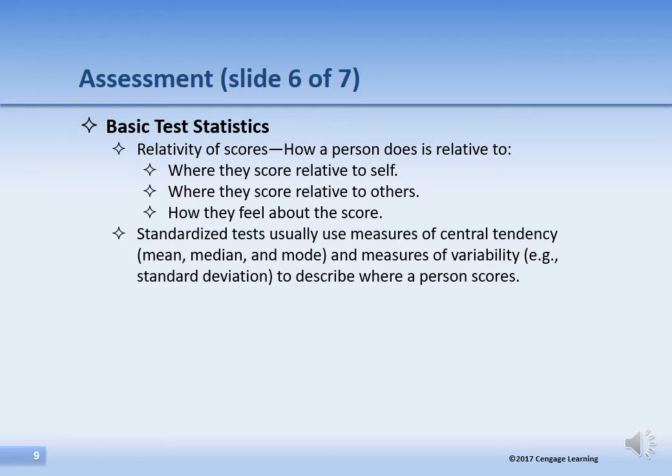Standardized tests usually use measures of central tendency, mean, median, and mode, and the measures of variability, such as standard deviation, to describe where a person scores. Many times they can see where they score in comparison to a specific population or group.